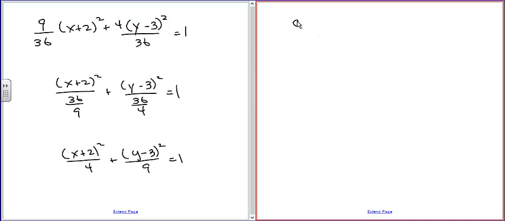So what do we have? We have the center at negative 2, 3. What's the major axis again? Well, the major axis is the y-axis again.